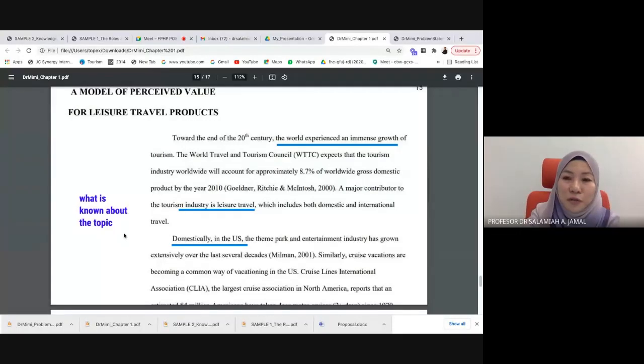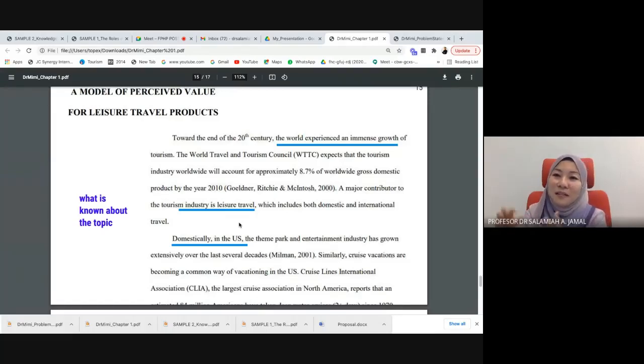They start with general first, the world experience and immense growth of tourism, and then they zoom into a major contributor to the tourism industry, which is leisure travel.